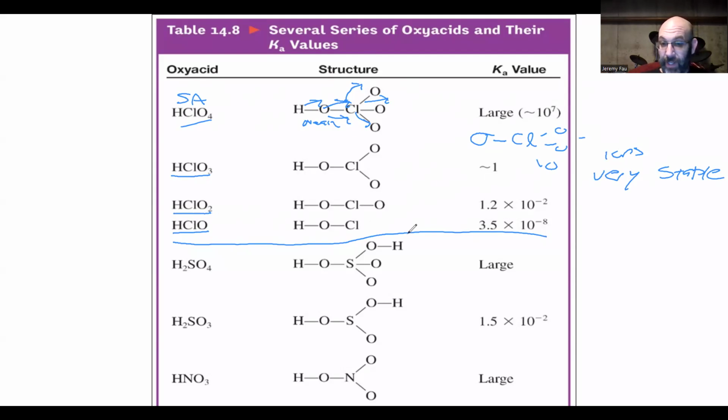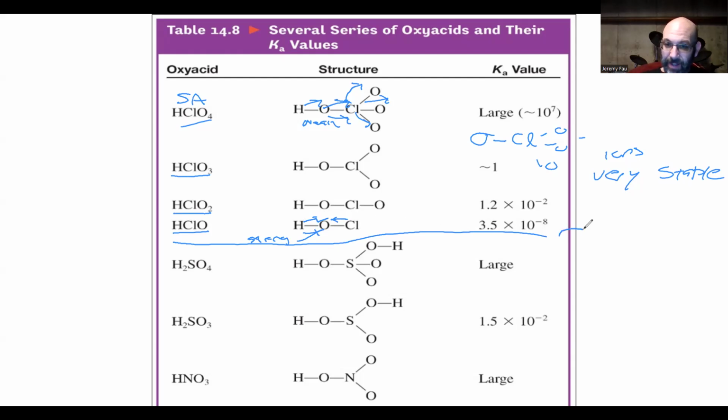HOCl is a very weak acid. All right. This bond here is relatively strong. There's not a lot of electronegativity pulling going on by the H or by the O to both of these things. So this bond is relatively strong, weak acid.